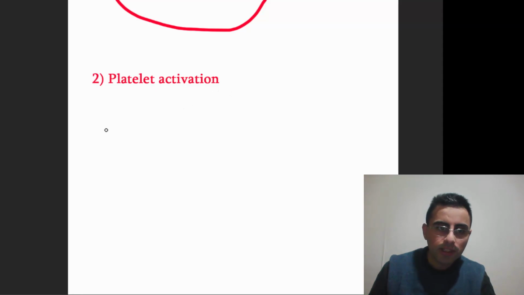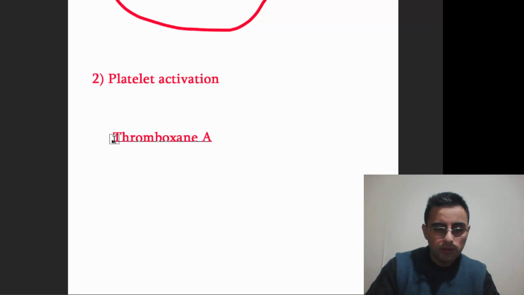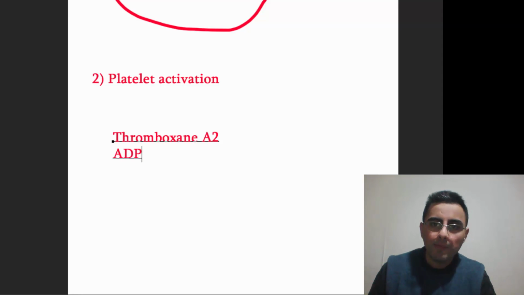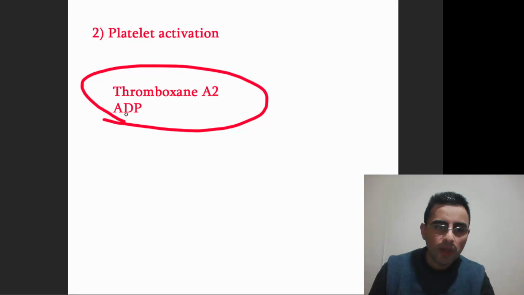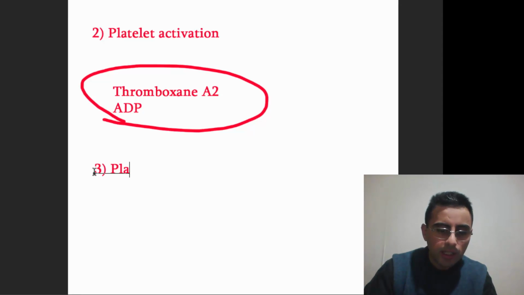After activation, platelets release thromboxane A2 and ADP. These two are the most important factors for platelet aggregation. After release of thromboxane A2 and ADP, there is the third step, which is called platelet aggregation.